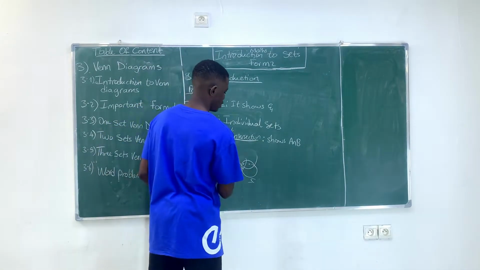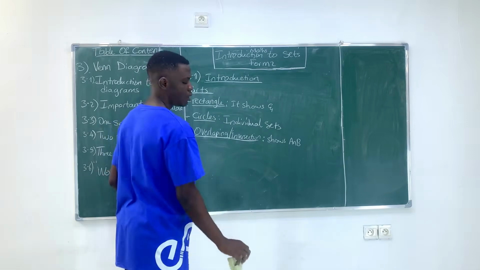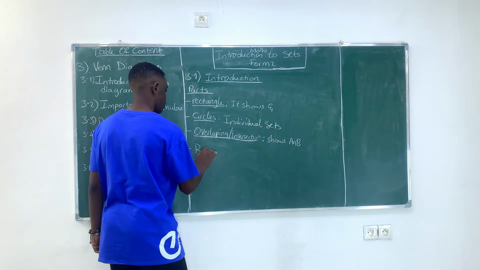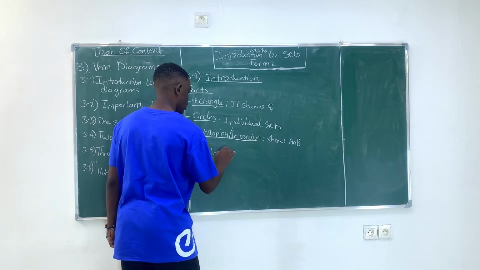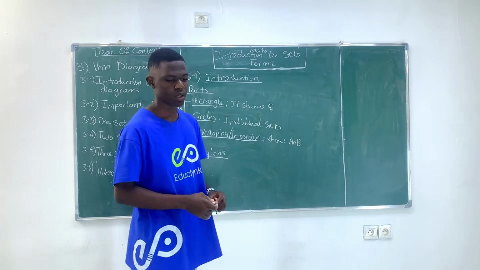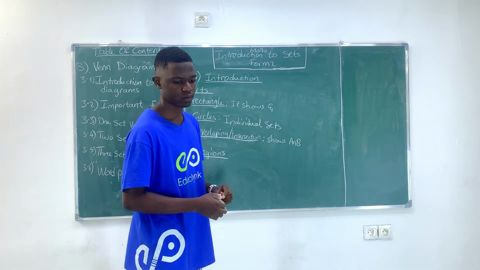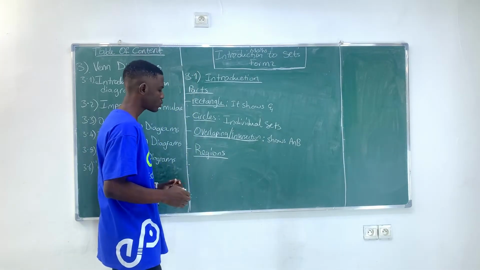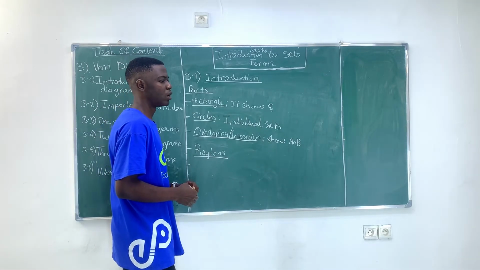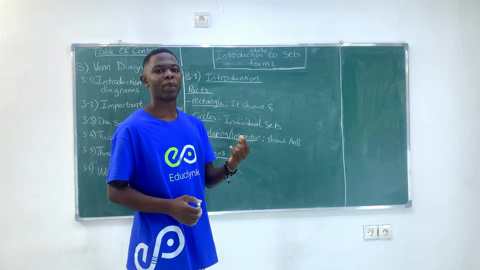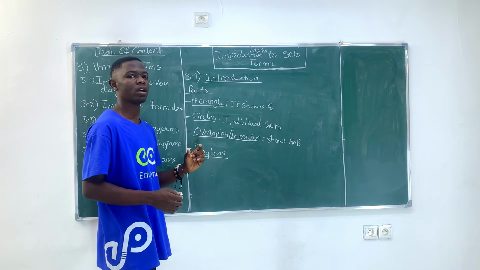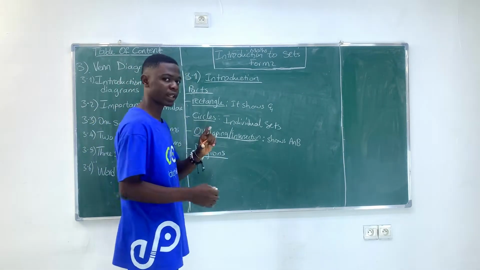And then we have the regions. So what do the regions show? It shows a specific number of people, or which specific element belongs to only that set.